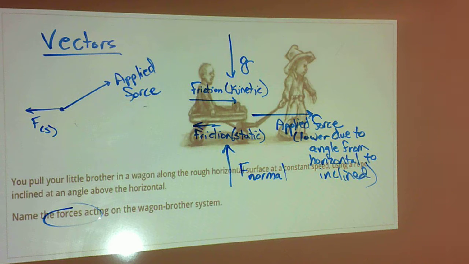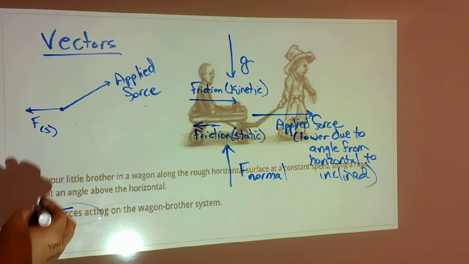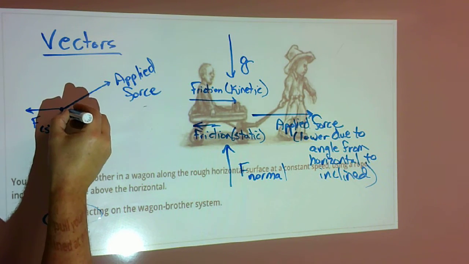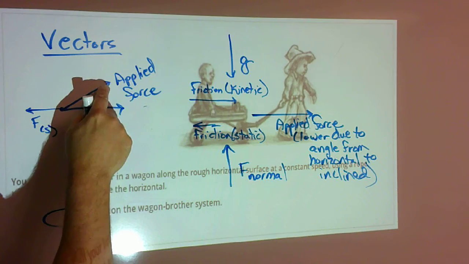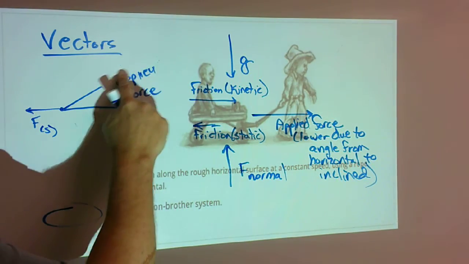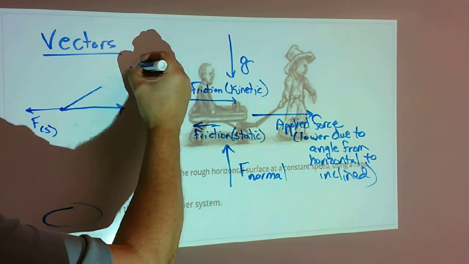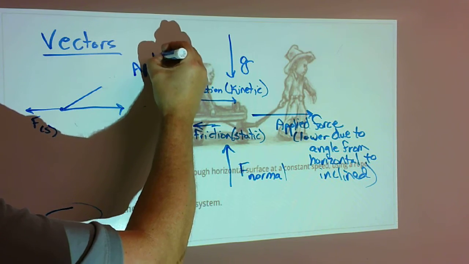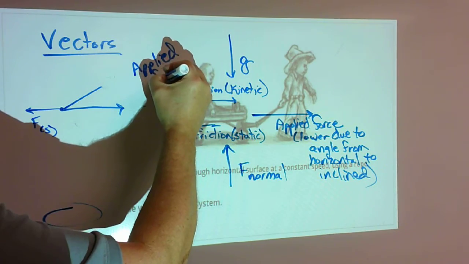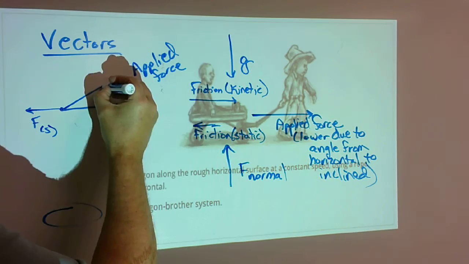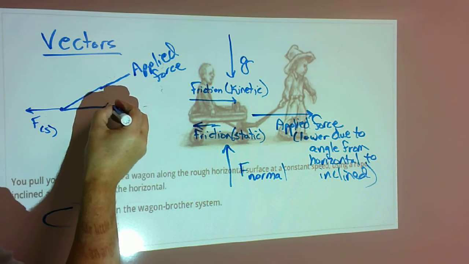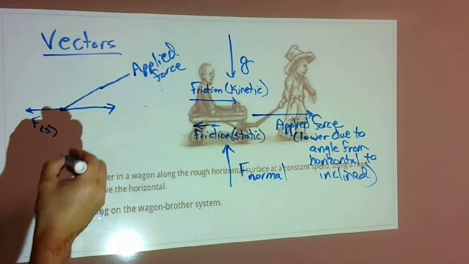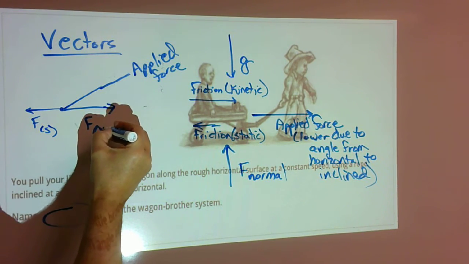And that's going to be a little larger than your static force because you have to pull a little bit harder. My kinetic friction is going to be here, and it's probably not going to be as large as the applied force. So let's adjust our little ones here. Let's go with that, and that's going to be my kinetic force.